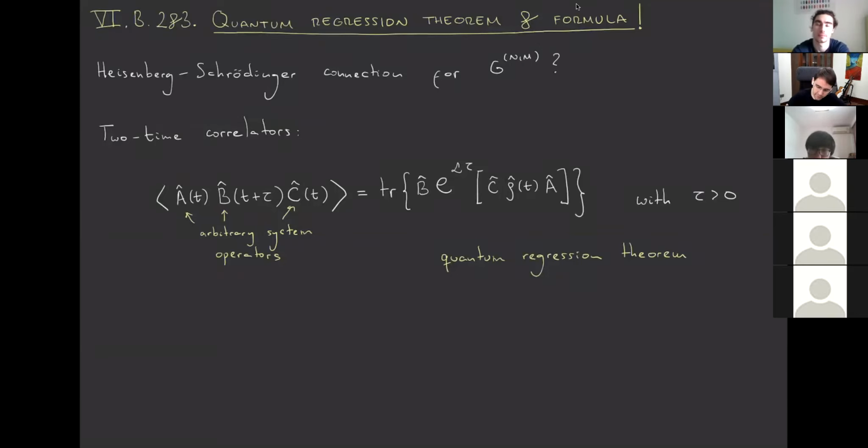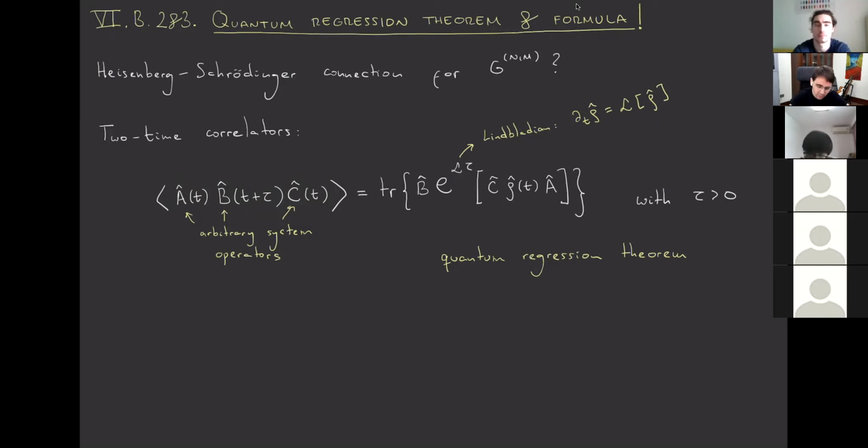And I remind you that this L that appears in here is what we call the Lindbladian. In particular, it is the superoperator that defines the master equation. So your open system satisfies some kind of master equation in which the dynamics of the state is generated by a superoperator that we call the Lindbladian, or Lindblad superoperator, L.